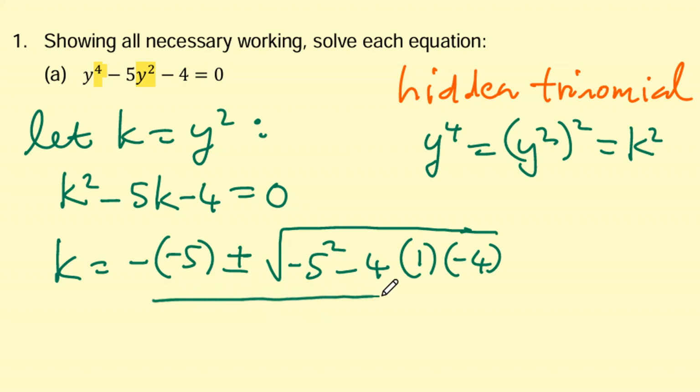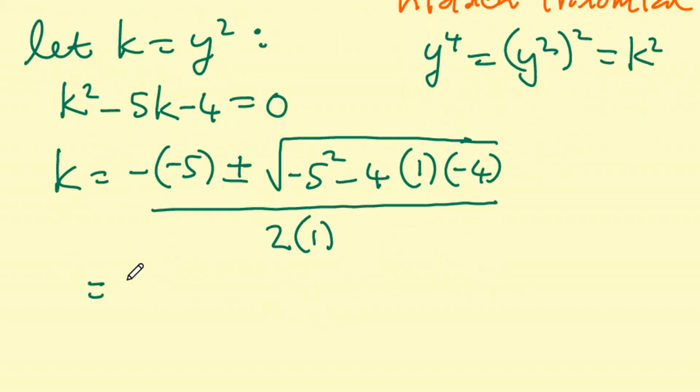This is all over 2a. So 2 times 1. We can simplify this. A minus times a minus is a plus. And we can work out what's under the square root here, and it comes to 41. Of course, you can use your calculator.